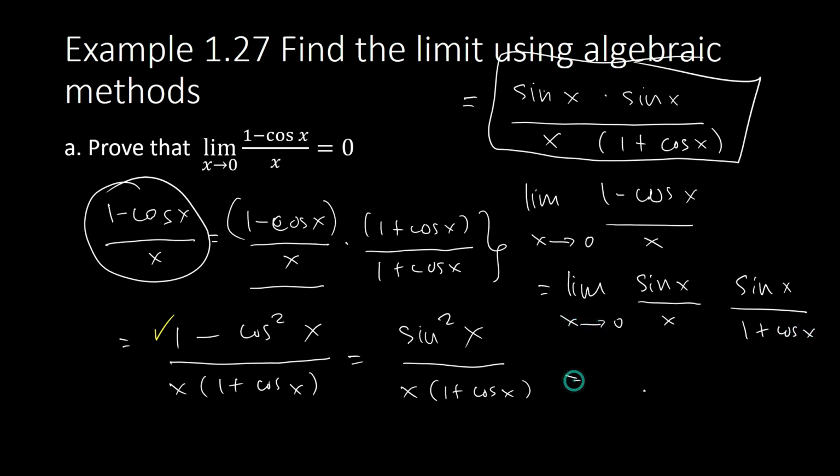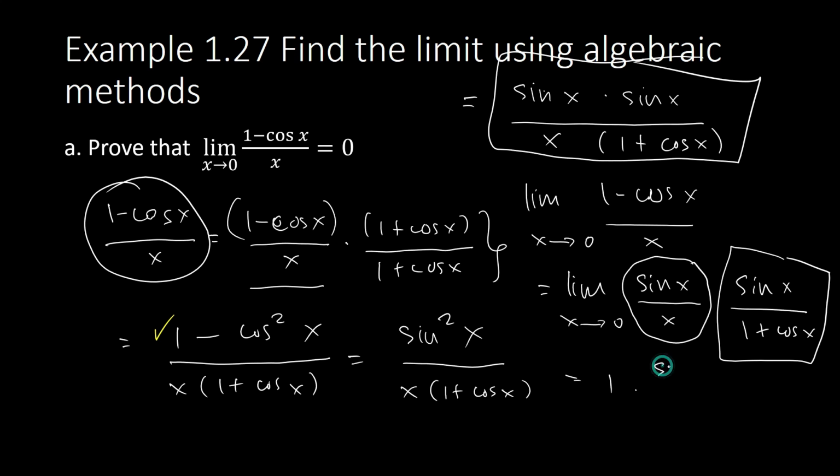So what is the limit of sine of x divided by x as x approaches 0? We just showed it as the first part of our theorem in this slide. This is equal to 1 times the limit of the other factor as x approaches 0. We can just apply our limit theorems on circular functions.